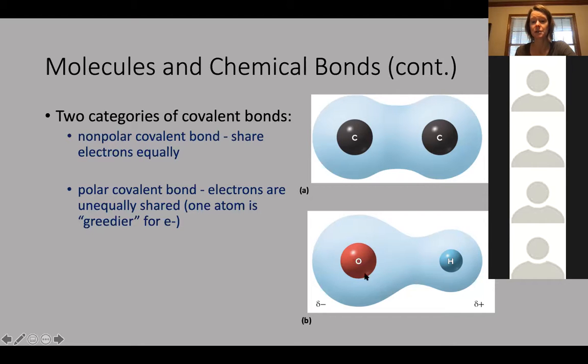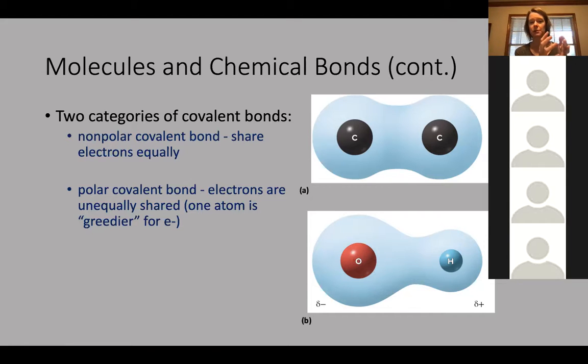When we look at oxygen, oxygen actually is very greedy for electrons. It loves holding the electrons closer to it than pretty much anything else it bonds with. So here we see hydrogen on the other side. When an oxygen and a hydrogen bond together in a covalent bond, the oxygen pulls the shared electrons closer to the oxygen.